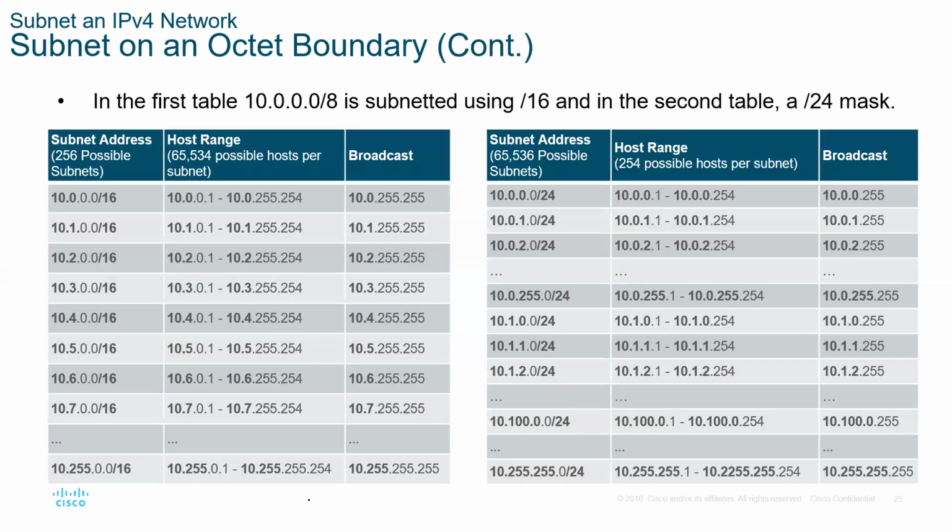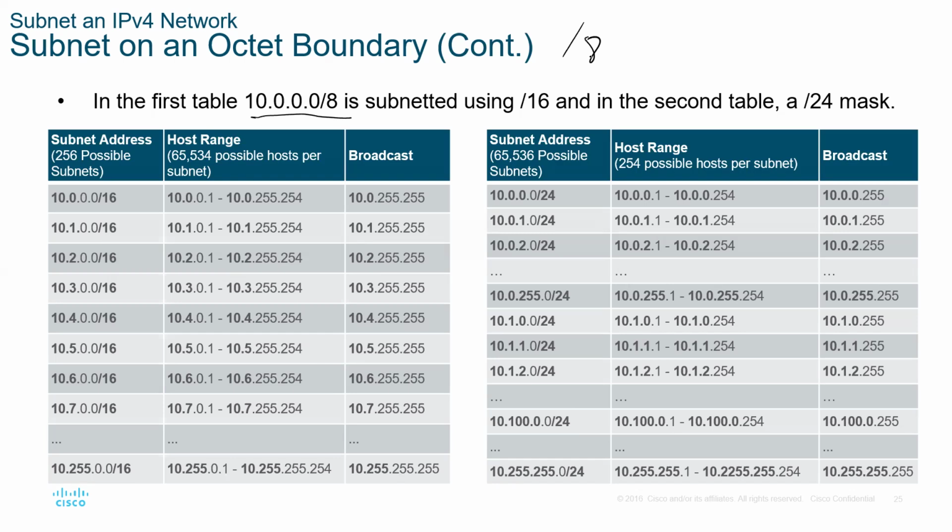All right, subnetting at the octet boundary. The first network we are going to subnet as an example is the 10.0.0.0/8 network. First things first, if I'm given that network, it has a /8, what it means is I have 8 bits being used for the network portion, and 24 bits being used for the host portion.